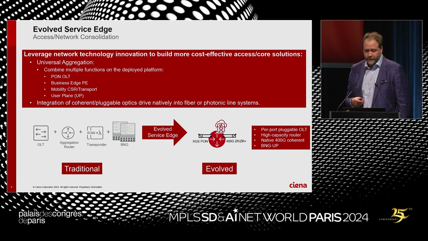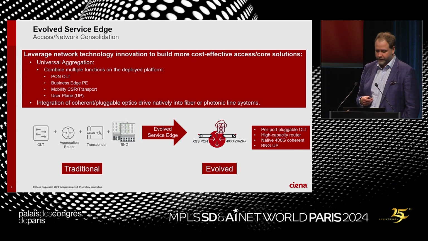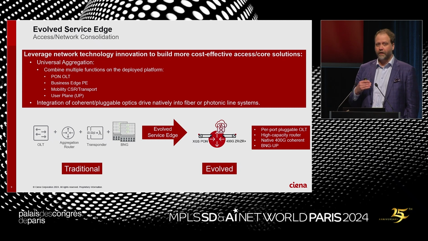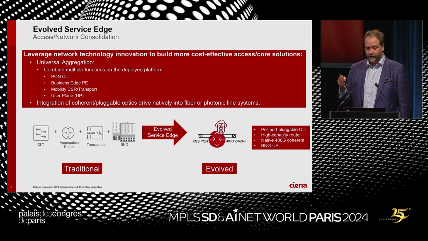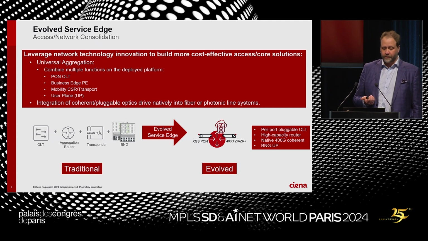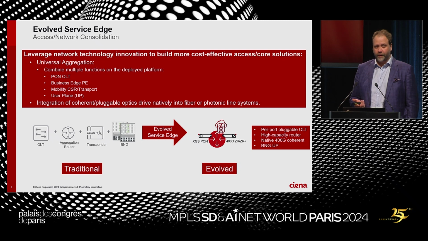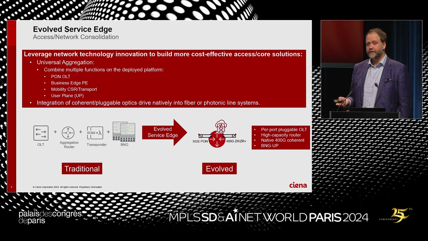And the next point was around evolved service edge around access and network consolidation. So the whole concept of universal aggregation, where you can use the same platform to deliver the entire suite of functions and services that you did before, whether it's an OLT function for PON, whether it's a business edge PE, whether it's a mobility cell site router or transport, or even if it's a user plane.